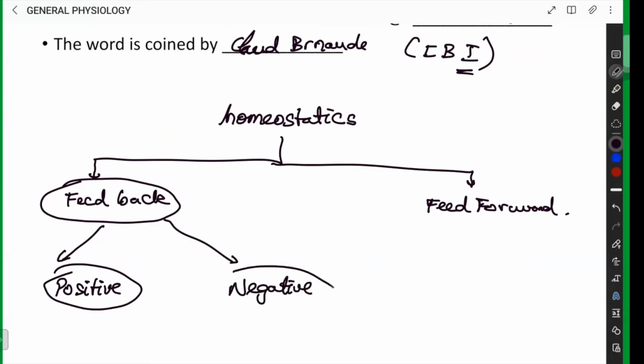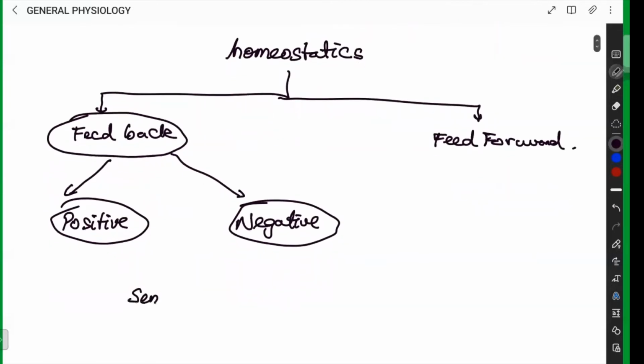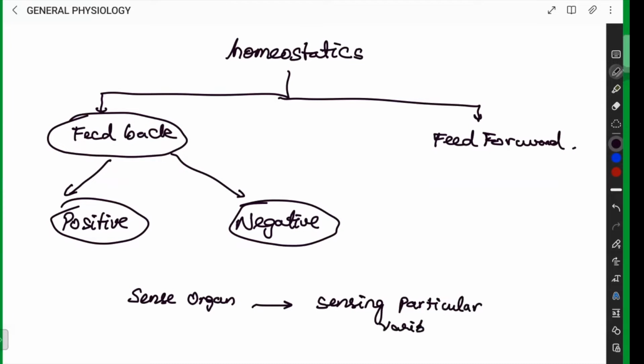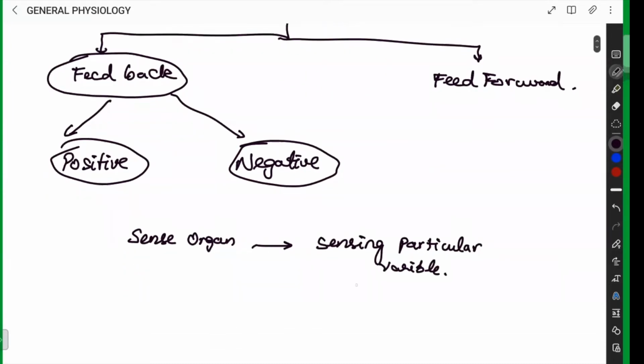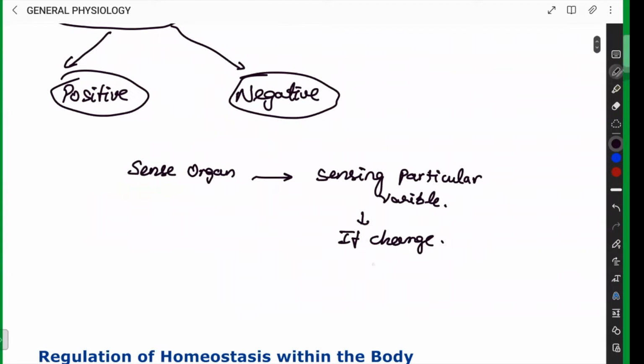So what is the positive feedback mechanism? In the positive feedback mechanism, there is a sense organ. Always remember, there is a sense organ. This sense organ is going to be sensing a particular variable. Once it senses the variable, if there is any change, it is going to activate some process.